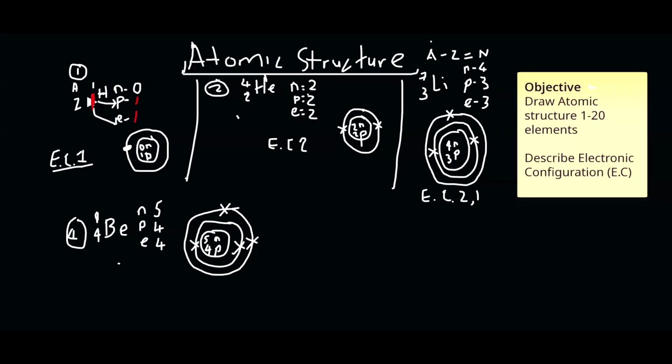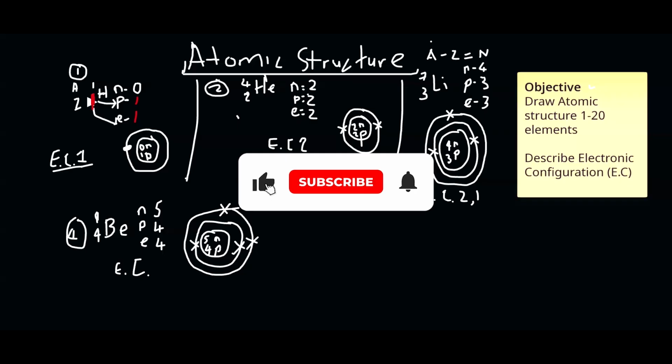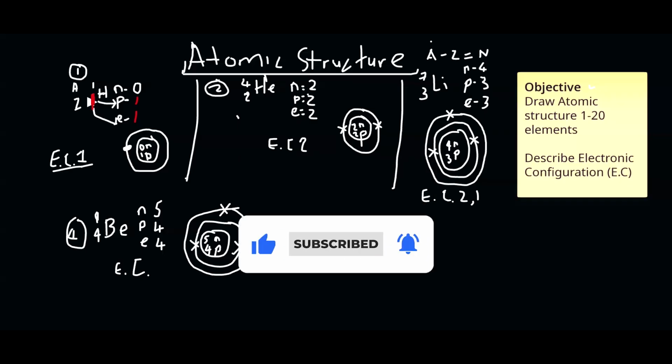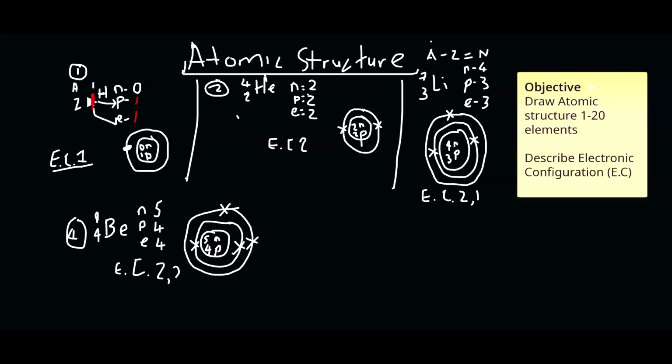What would be your EC? Are you following what I'm doing now? You understand? Yes, sir. Alright, good. So again, 2 and 2. Good. So that's the EC, and that's beryllium on the structure. We're gonna now move on to the other element. Boron.